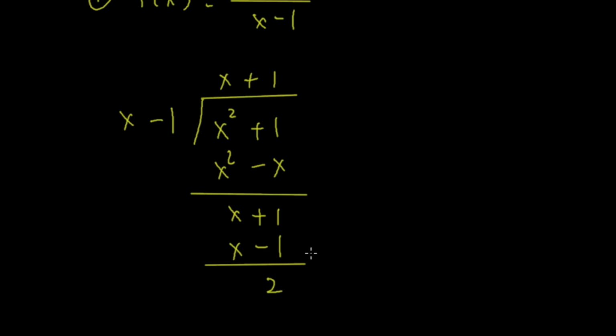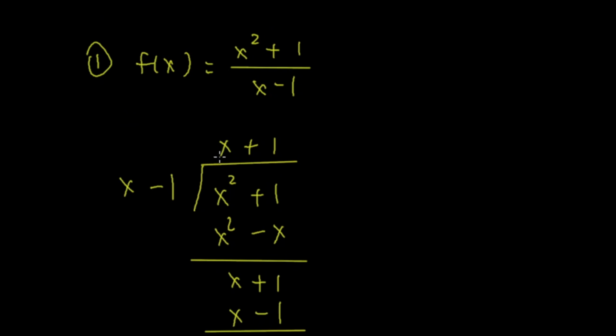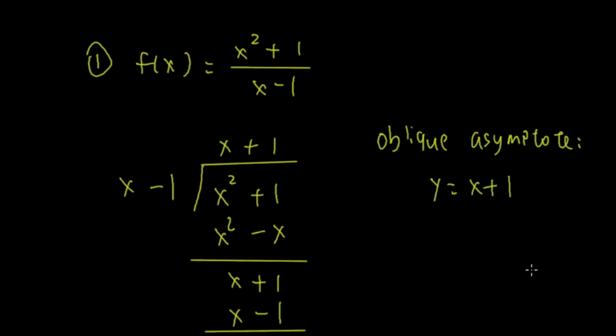Okay, can you still divide further? No, you cannot. So that's it. It doesn't matter whether there's a remainder or not. The oblique asymptote is this equation here, right? X plus 1. So the oblique asymptote is y equals x plus 1.